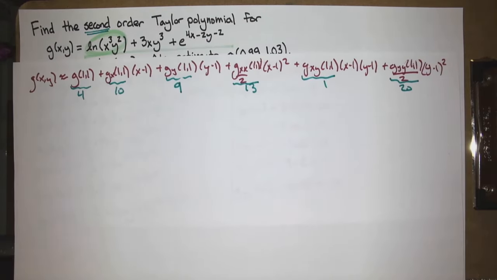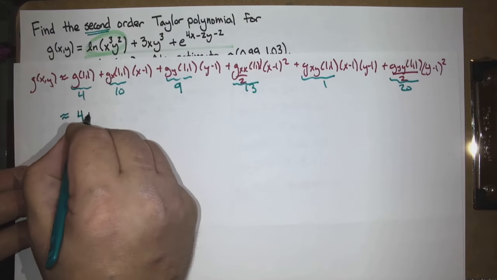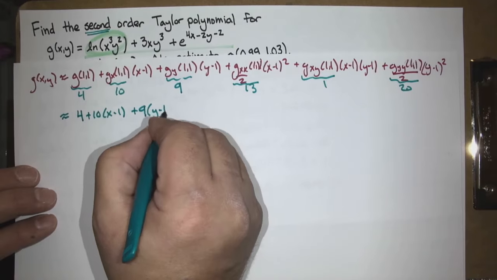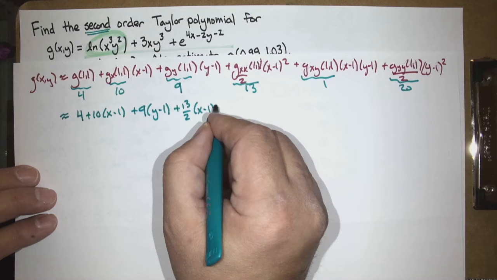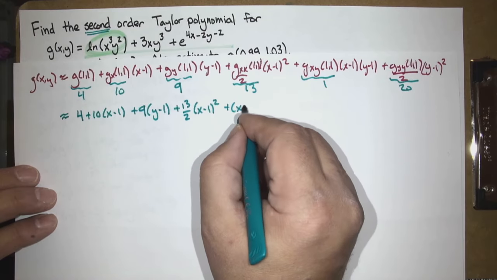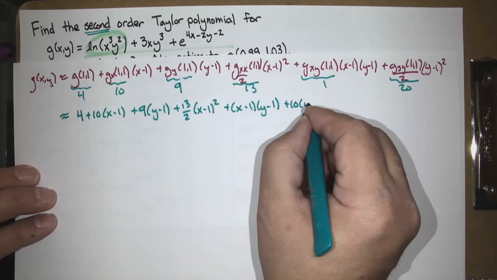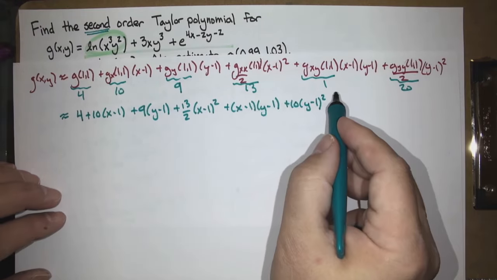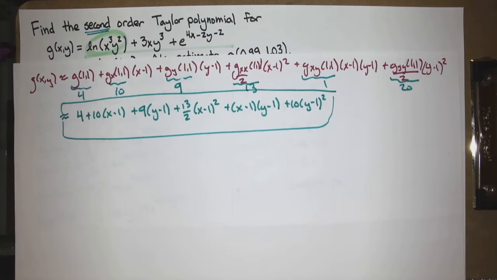So that says our polynomial here is 4 plus 10 times x minus 1 plus 9 times y minus 1 plus 13 halves x minus 1 squared plus x minus 1 times y minus 1 plus 20 halves, which is plus 10, y minus 1 squared. All right, now that is the second order Taylor polynomial.